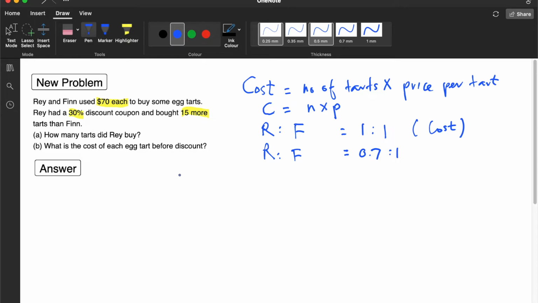Because of the 30% discount, so 100% minus 30% will be 70%. And 70% is of course 70 over 100, and that is 0.7. 1 for Finn because he didn't get any discount. So this is in terms of price per item.